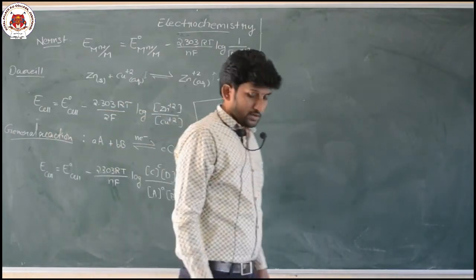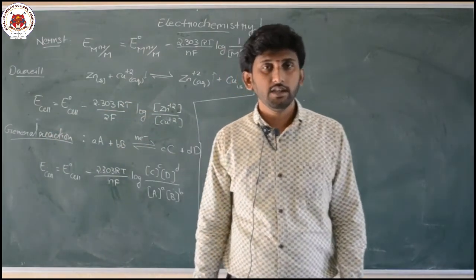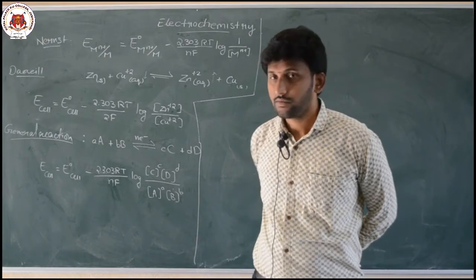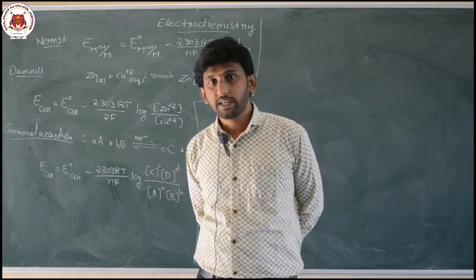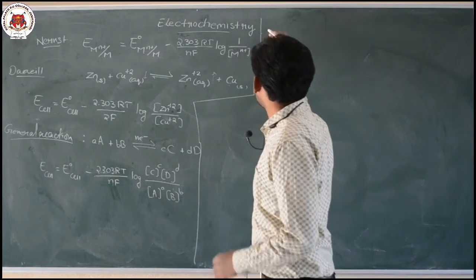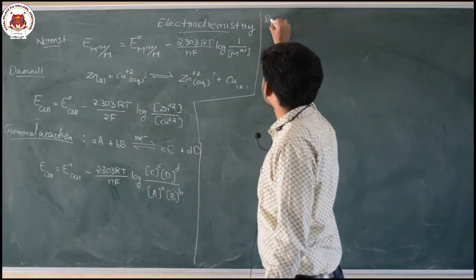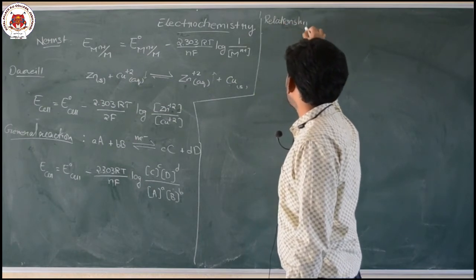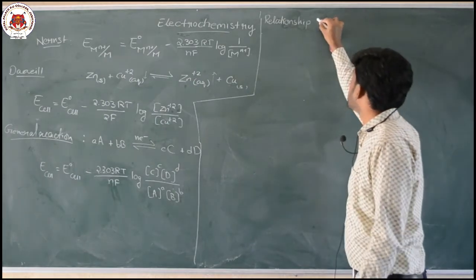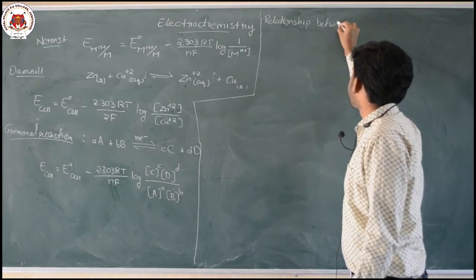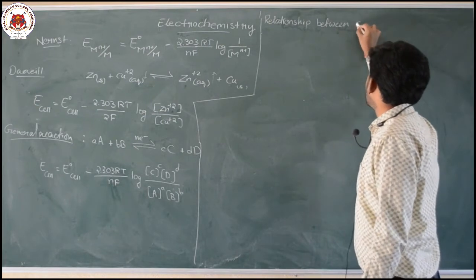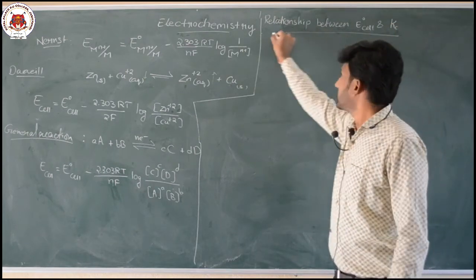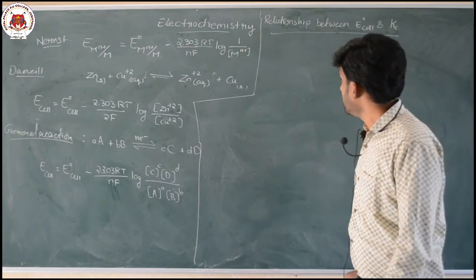Now, you can obtain the equilibrium constant Kc by using the EMF of the cell formula. Let us see now the relationship between E naught cell and the equilibrium constant Kc. Okay?